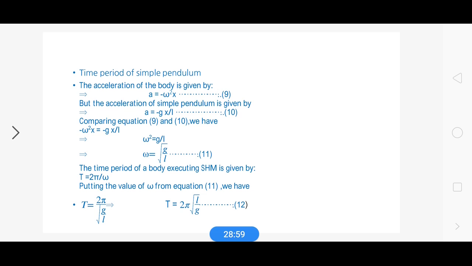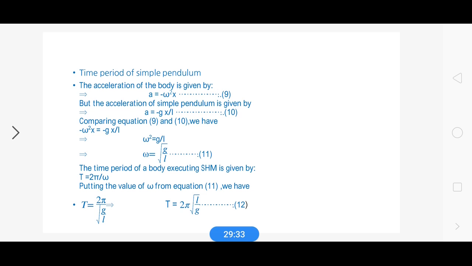And the acceleration of the simple pendulum is A is equal to minus g x by L. The first equation is A is equal to minus omega square x, and the second equation is A is equal to minus g by L into x.